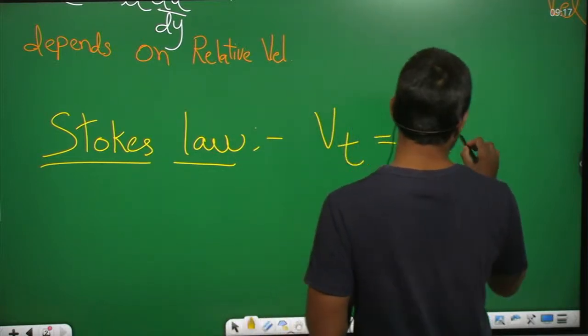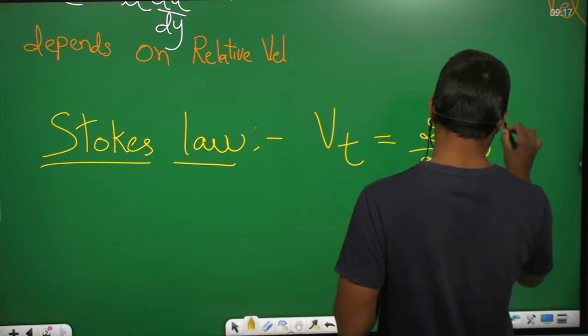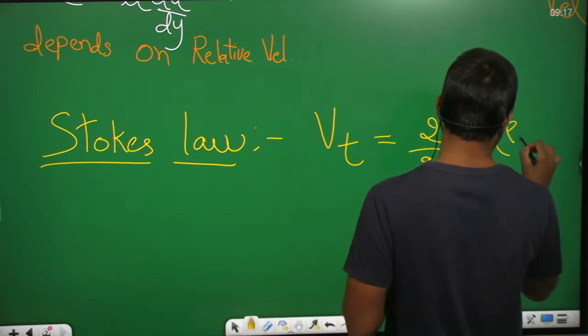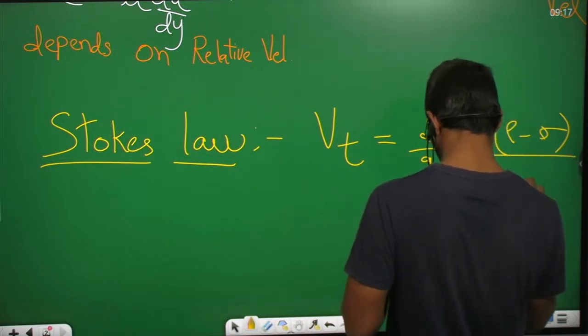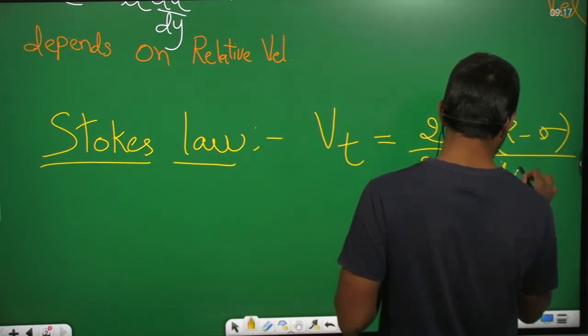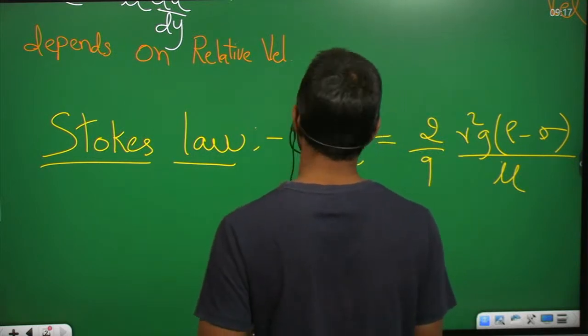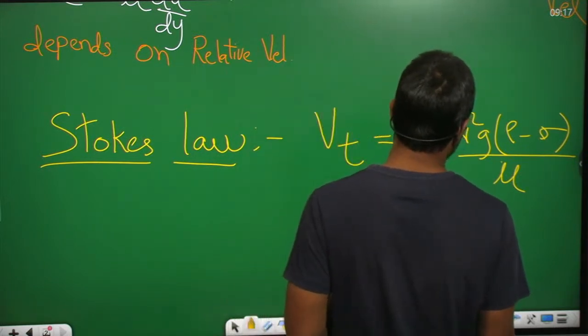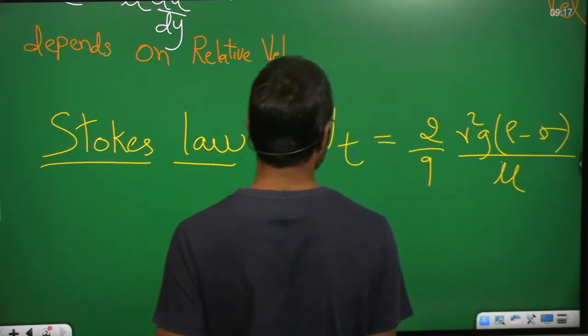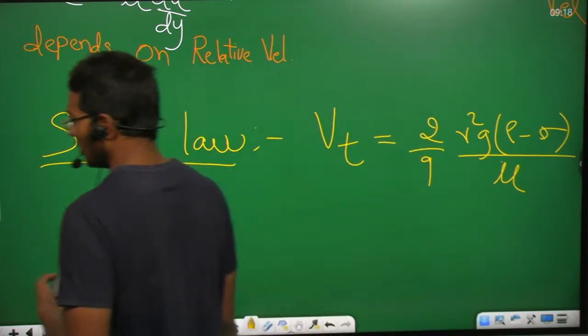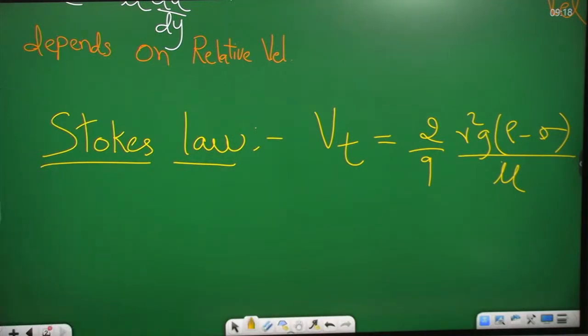Two by 9 r square g, where mu is the coefficient of friction, rho is the density of object and density of liquid, r square is the radius of object, g is the acceleration due to gravity, and we can make out from that.